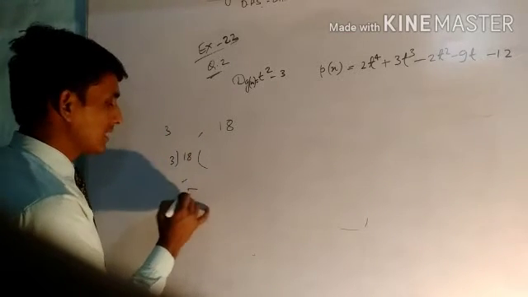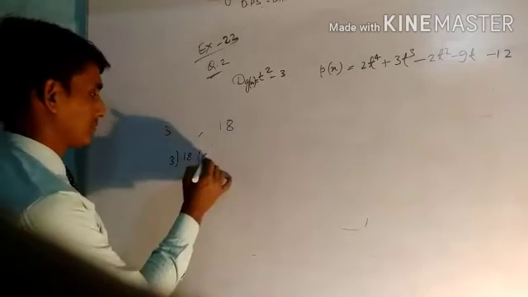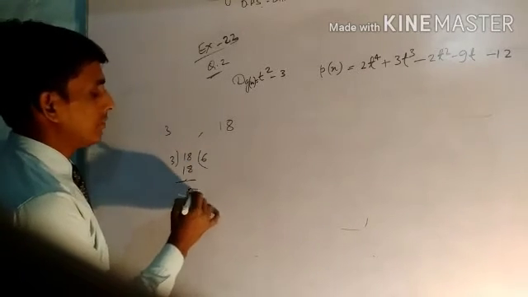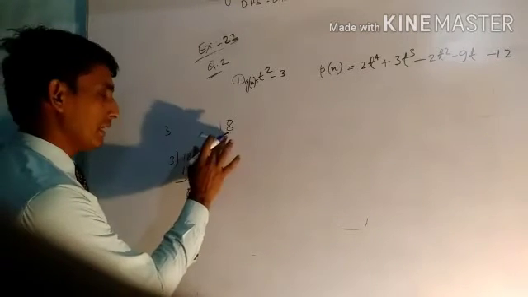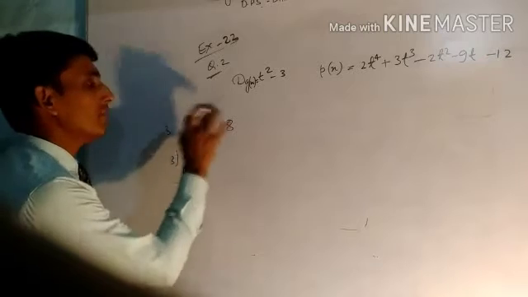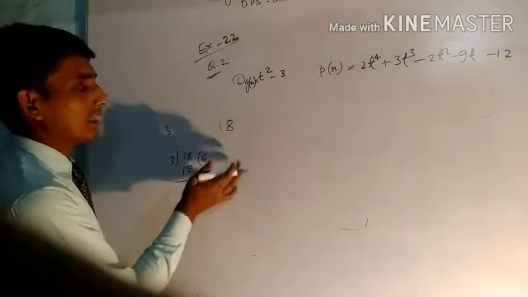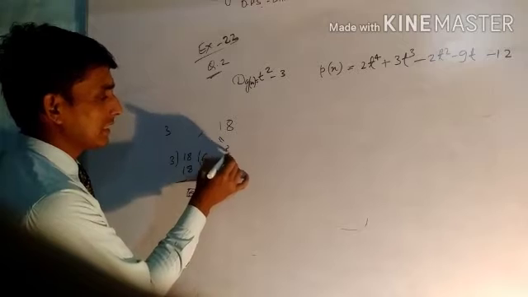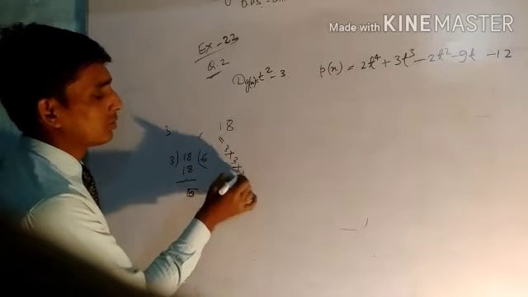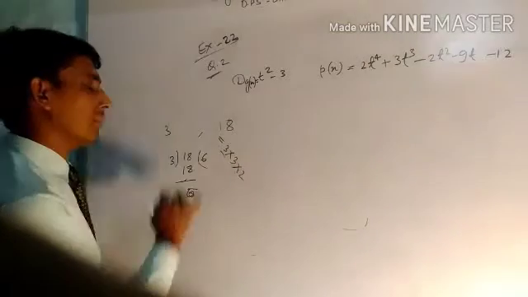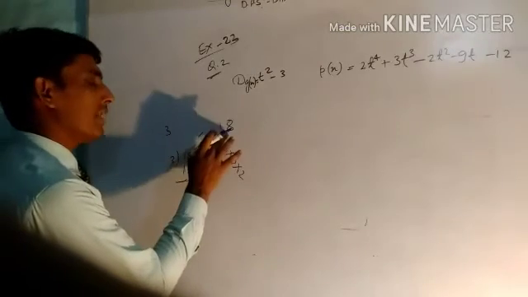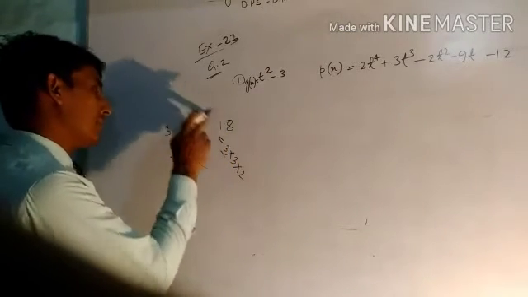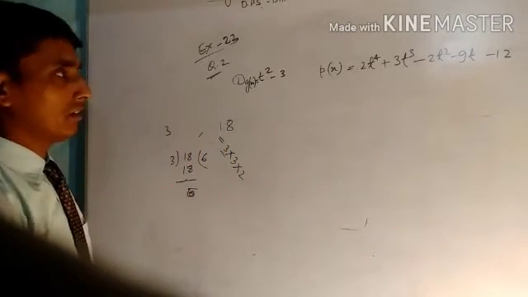If the remainder is 0, it means 3 is a factor of 18. That means you can write 18 as 3 into 6. If 3 is a factor of 18, 18 will be completely divisible by 3.